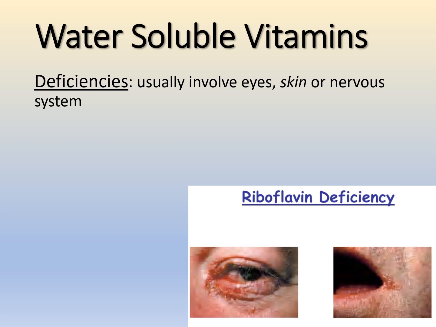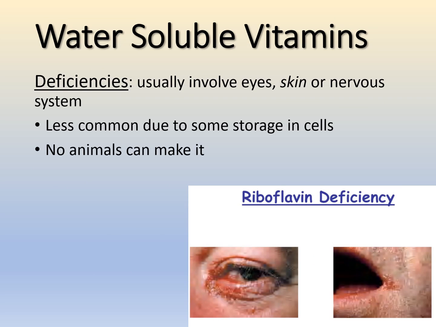So we do see some deficiency with riboflavin, and usually it involves the skin, the eyes, or the nervous system. It is less common because we do store some in our cells. Unlike the major storage in the liver, we do see some storage in the cells, but no animals can make it, so we do need it in our diet.